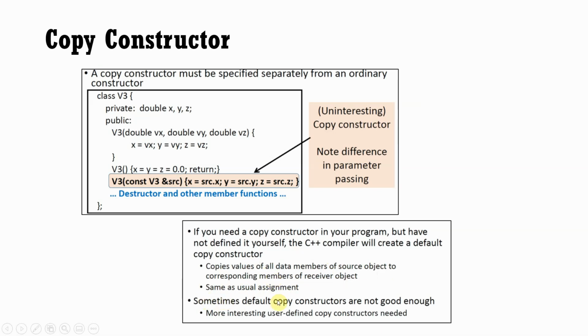In many cases, the default copy constructor that the compiler generates for us is not good enough. We're going to see some instances in later examples where the copy constructor that the compiler generates for us is not enough.